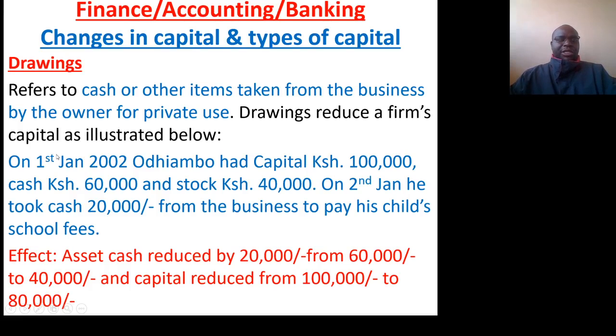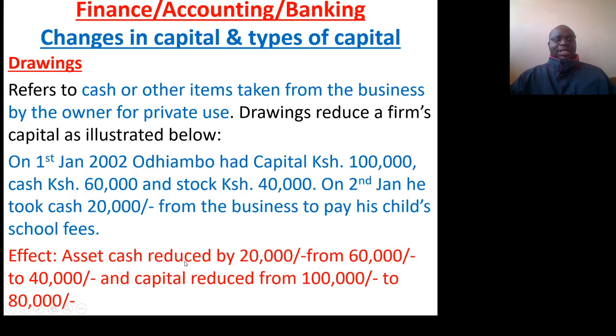An illustration or example. On 1st of January 2002, Odhiambo had capital equivalent to 100,000: 60,000 in cash, and 40,000 in stock. On 2nd January, he took cash from the business to pay his child's school fees. So, what is the effect of this transaction done on 2nd of January?